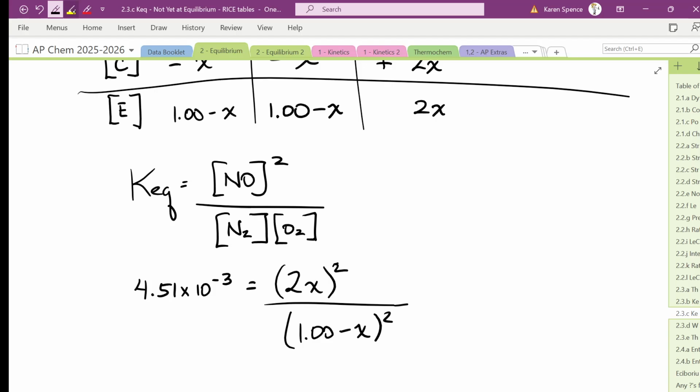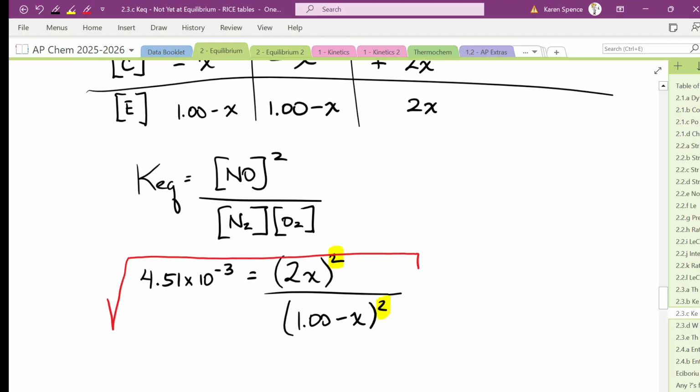We just square root the whole thing, okay? All right.